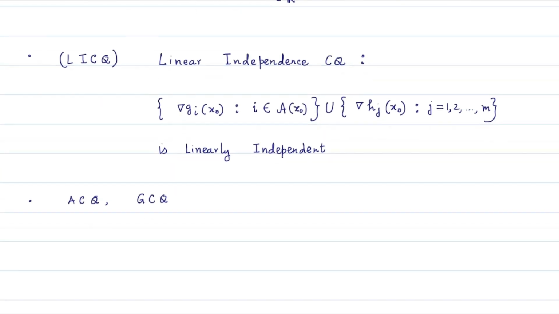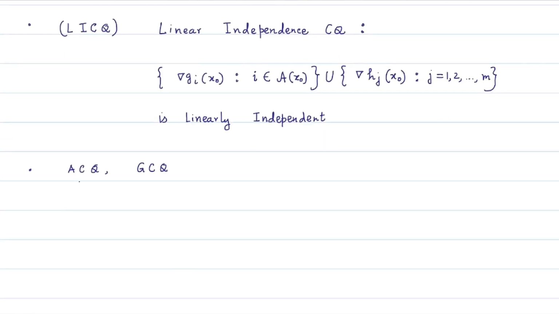In the Abadie constraint qualification, the linearizing cone at the feasible point x0 is equal to the tangent cone at the point x0, and in the Guignard constraint qualification, the dual cone of the linearizing cone is equal to the dual cone of the tangent cone at the point x0. These are also applied for the general constraint optimization problem.